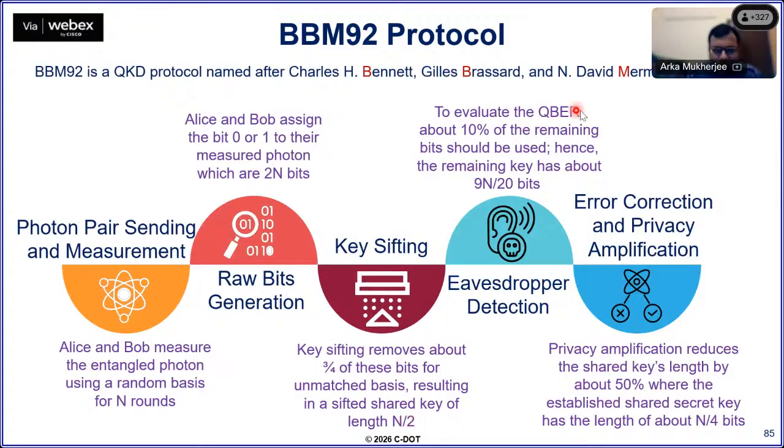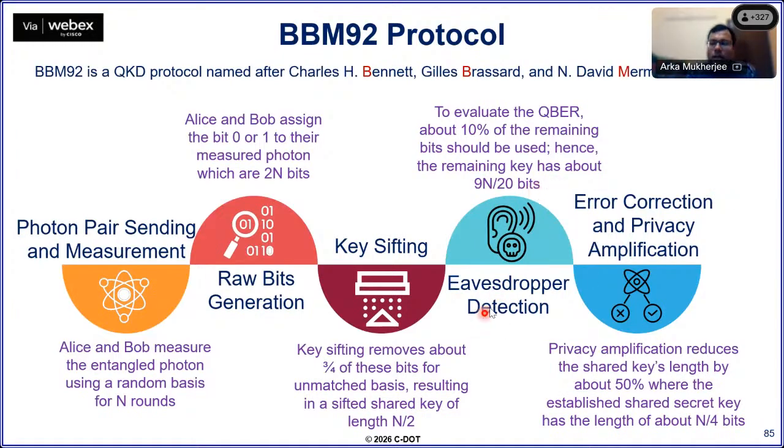Now, to evaluate the QBER, they will disclose 10% of the bits. From n/2 they disclose 10%, so 90% remains, and 90% of n/2 is 9n/20. Alice and Bob will have 9n/20 bits.